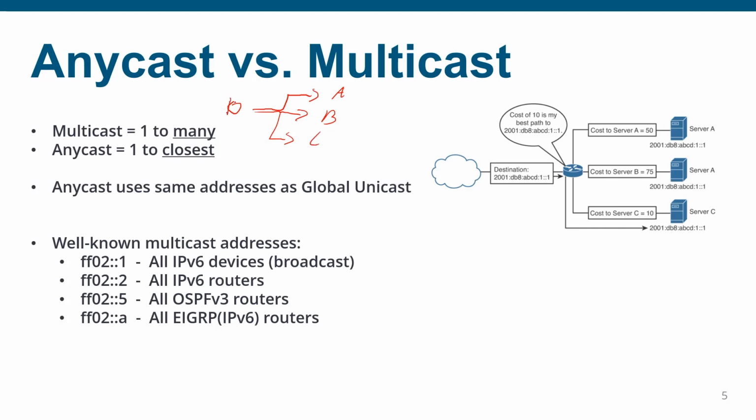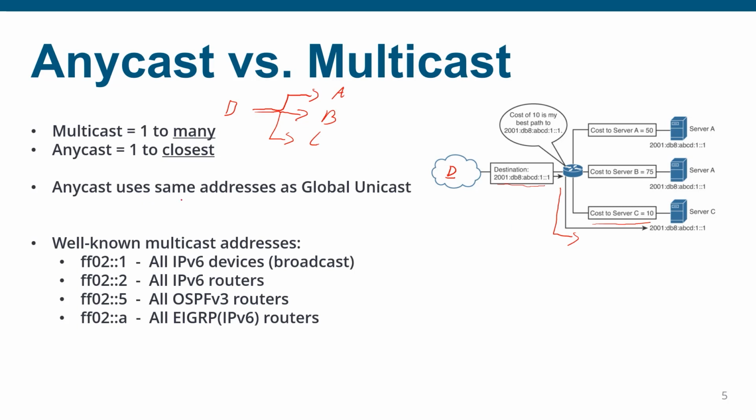Our D here can speak to A, B, and C all at the same time, one speaker to many receivers, whereas anycast is 1 to closest, where we see here if we have our D node in the cloud and it's sending traffic with a destination of this address, well, all 3 of these ABC servers have the same address. It's just the cost to get there is lower for one of them than the others, so it will take the closest one.